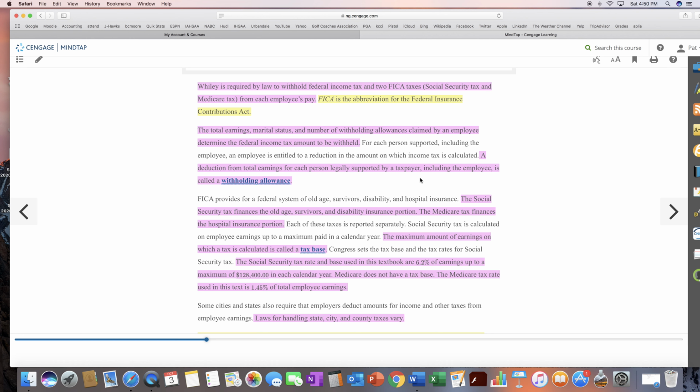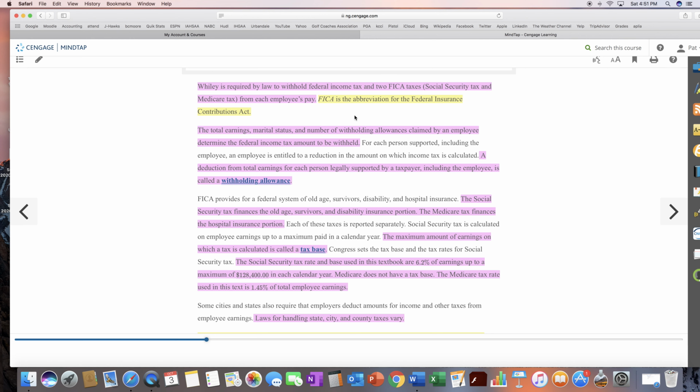We'll show you the difference between a single person with one allowance versus a married person with one allowance, and how much tax is being taken out. It just depends. Some people want more money in their check, so they'll take less taxes out. Some people want less money in their check so they might get a bigger refund at the end. It just depends. These allowances are based on your earnings, your marital status, and the number of withholdings.